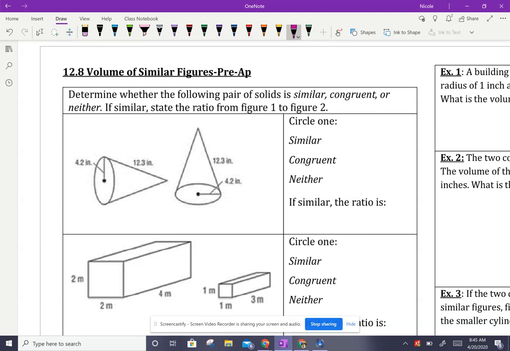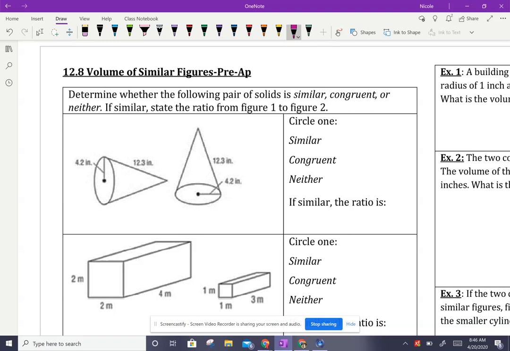So first thing we need to do is identify if two shapes are similar, or if they possibly are even congruent or neither. To determine that, we have to look at their measurements. If they're similar, there's going to be some sort of ratio or scale factor that we can multiply to all of the lengths that are provided and get the same result.